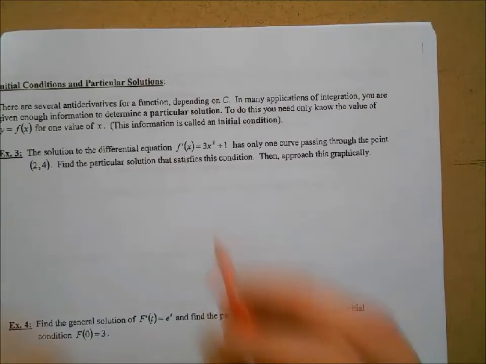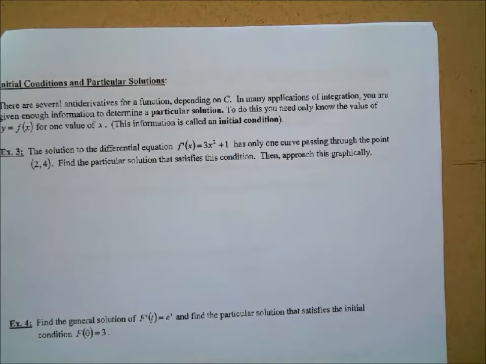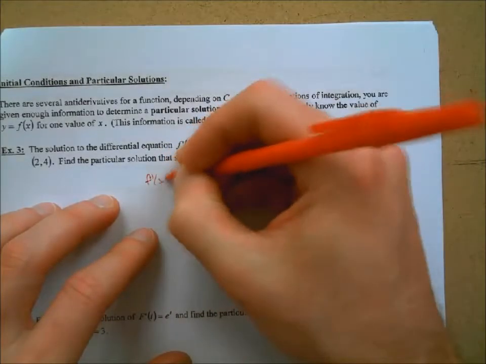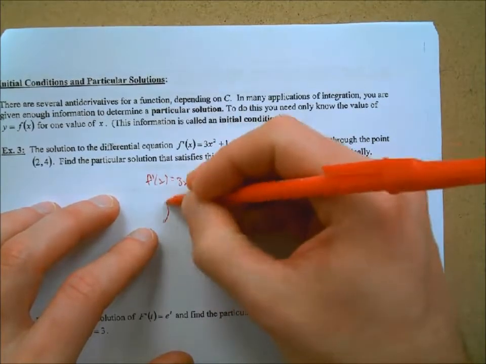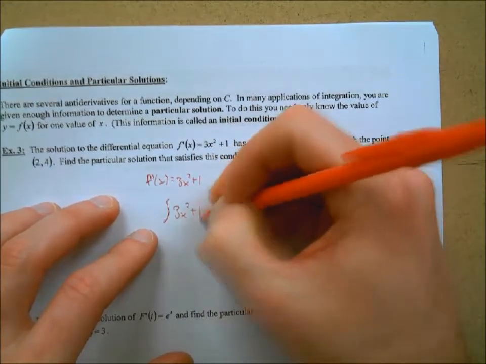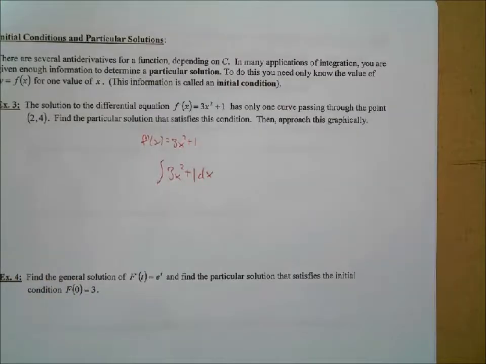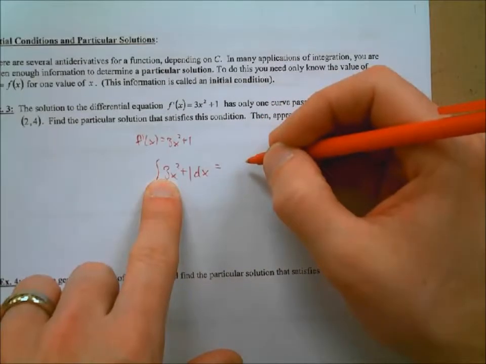So to solve a differential equation, what do we got to do? Integrate, exactly right. So f prime of x equal to 3x squared plus 1. We're going to integrate that 3x squared plus 1 with respect to x, of course. Again, the 3 is a coefficient, so what's the integral of x squared?